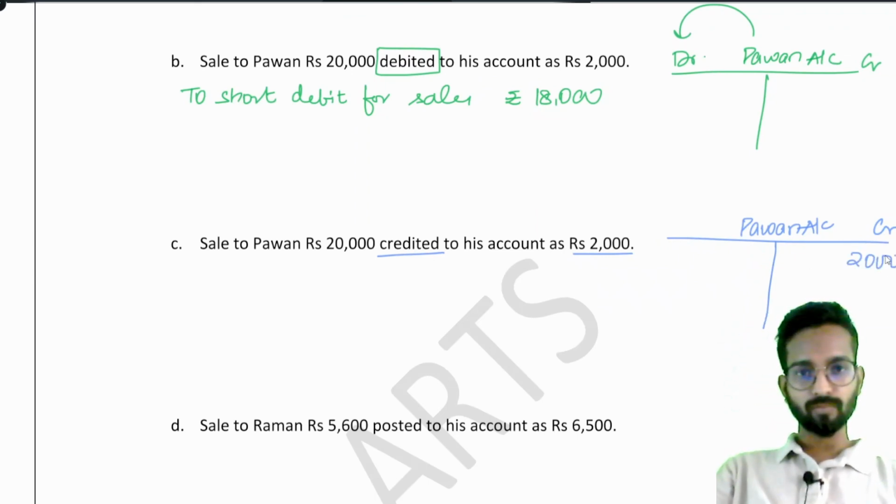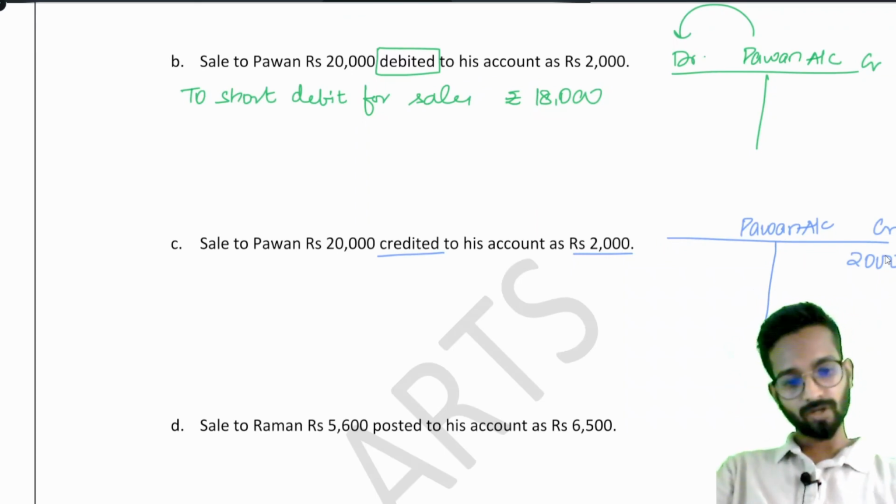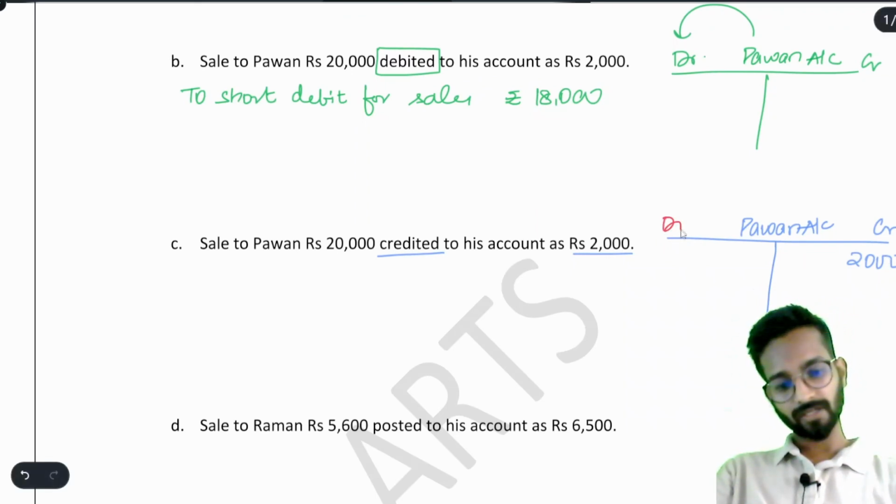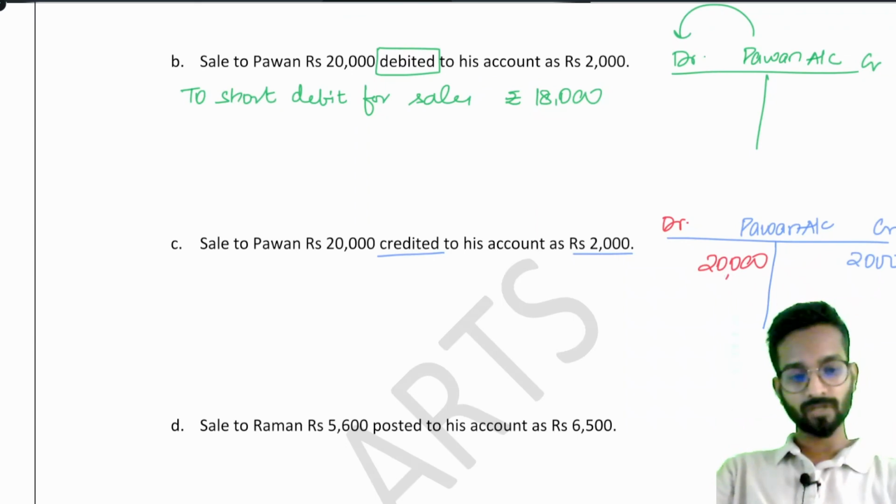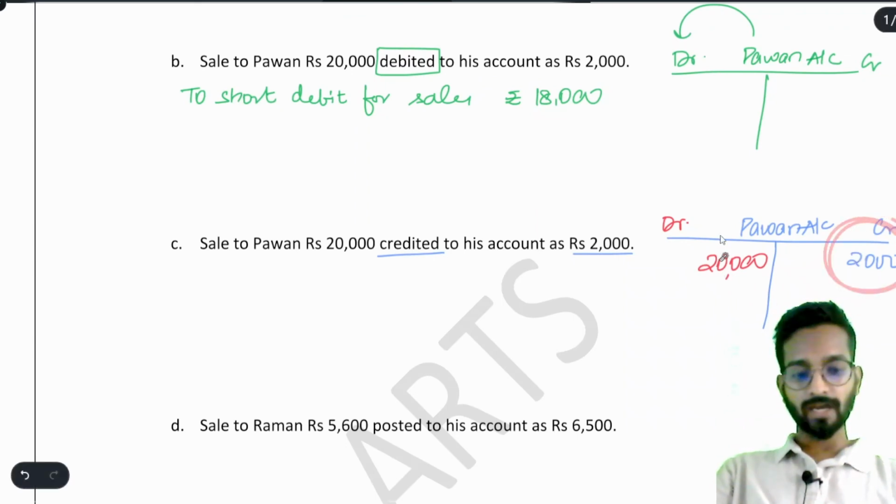Understood? But we both know that we should have debited the account. What would have been the original entry? We should have written on the debit side 20,000 for sales. What is the mistake we did? We wrote 2,000 on the credit side. I wanted 20,000 on the debit side, but I have written 2,000 on the credit side.